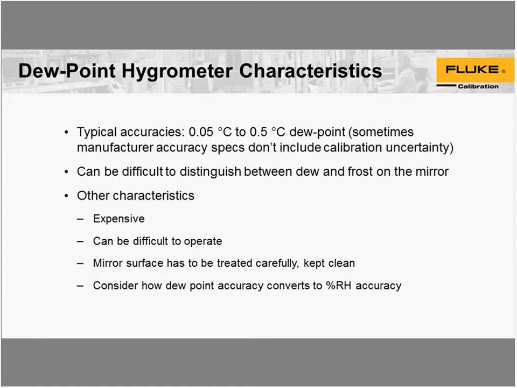It can be a little complicated determining what the true uncertainty or accuracy of the mirror is. You kind of have to piece together the specs that the manufacturers have and make sure you understand everything that's happening there. Like in my own research, I noticed that some of them may not put the calibration uncertainty in their specs.